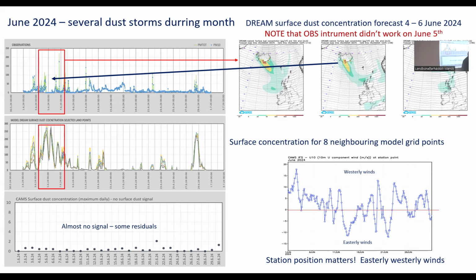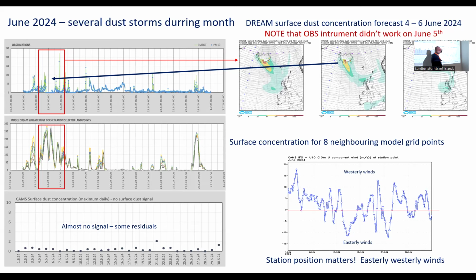And then that's one thing. These are the U component of wind from ECMWF. So choose wisely the position of your station. If your station is to the east of the dust source, you have to deal with the prevailing winds during the month.